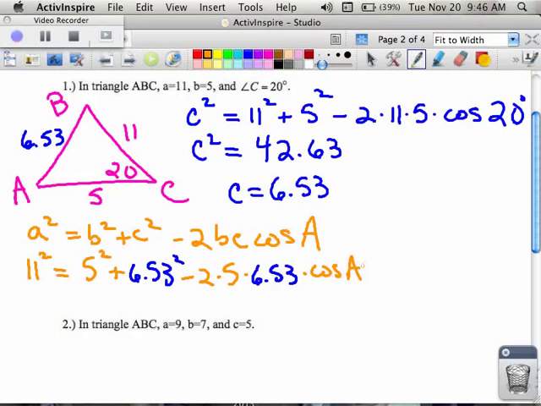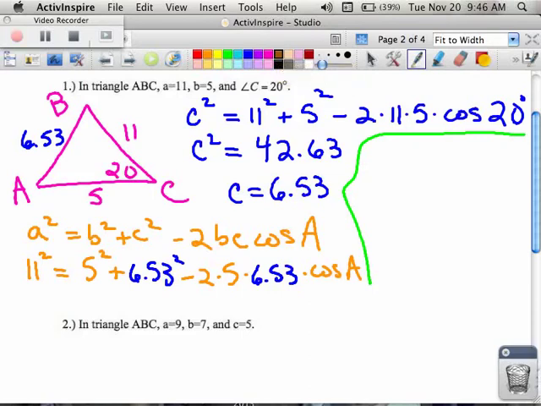Now, if I'm solving this for A, because I'm trying to find that angle, then what I need to do is get the cosine alone first. In order to do that, I'm going to take the 5 squared and move it to the left. What happens to it? It becomes negative. I take the 6.53 squared and move it to the left.